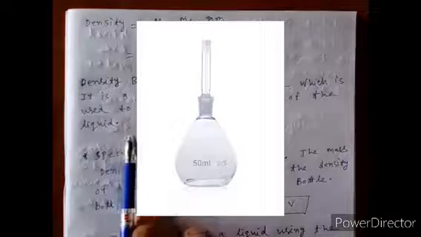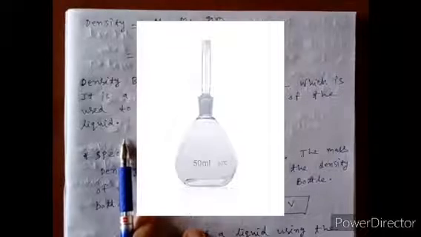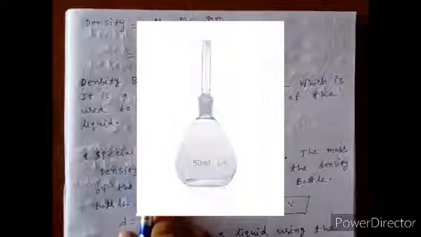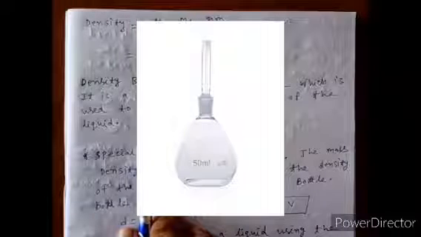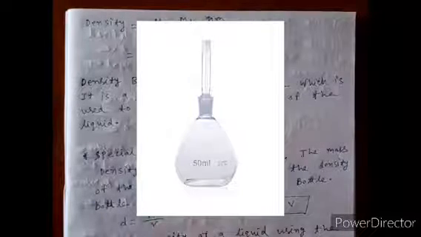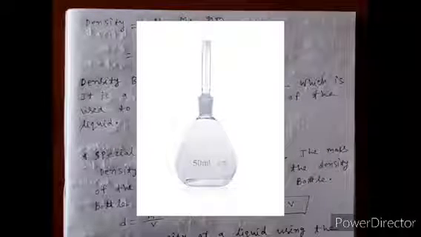Okay, now there is another instrument called a density bottle, a specially designed bottle which is used to determine the density of a liquid. Let us first describe this bottle. This is a small glass bottle having a glass stopper at its neck, and the bottle can store a fixed volume of liquid.